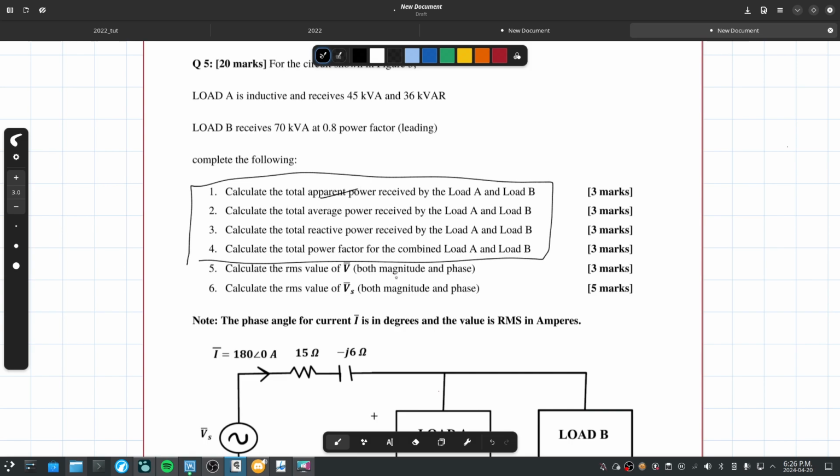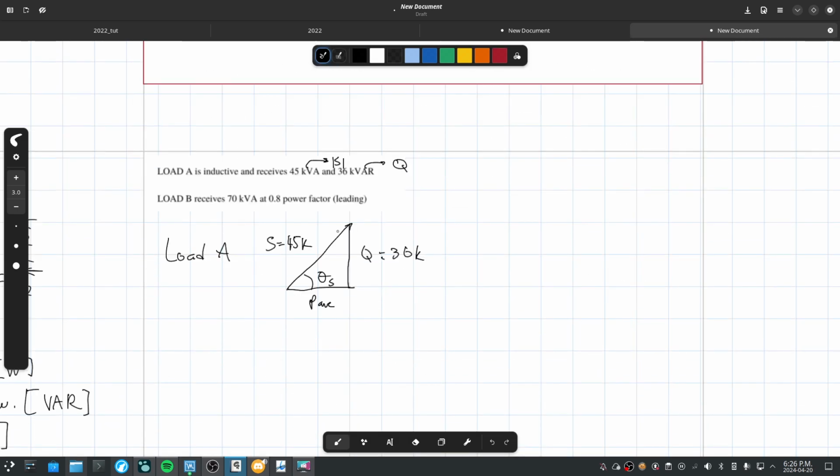Calculate the total apparent power. Okay, so we do need all three. This works the exact same way as all other triangles do. P average is going to be the square root of S squared minus Q squared. This is just trigonometry. I hope you know where this formula comes from.